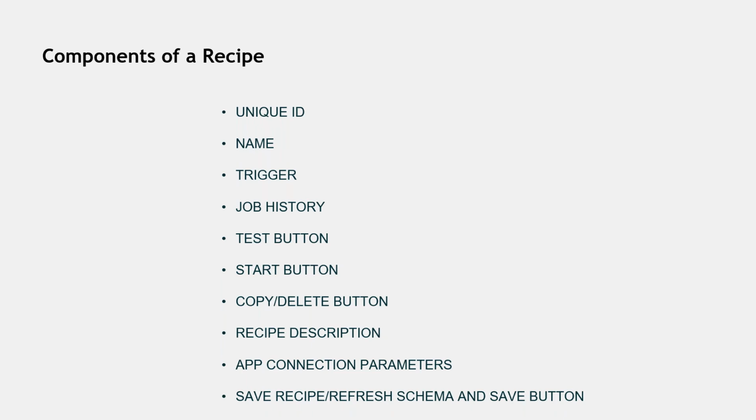Recipe description, which lets you write a simple or elaborate description for your recipe. App connection parameter, which specifies the sign-in credentials for logging into the app. And save recipe or refresh schema and save button. This saves the current settings, or refreshes and then saves the recipe.